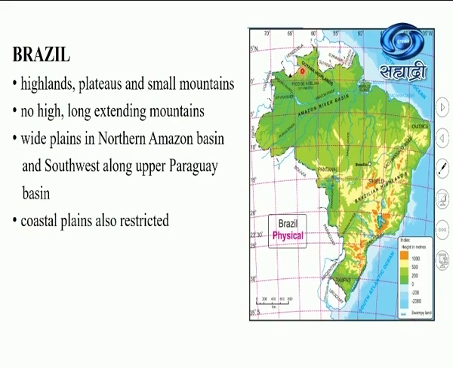But you will find wide plains. You can see in the northern and central region extensively flat land, extensively wide plains formed by the river Amazon. So the Amazon basin is one of the widest plains here in the Brazilian region. Towards the southwest, in this particular region, you will find the Paraguay basin.